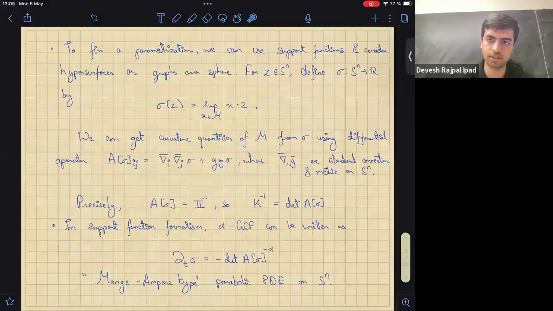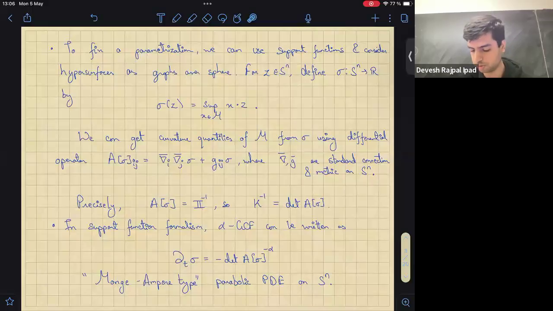Okay. A particular parametrization which has been helpful in these convex heat flows is the Gauss map parametrization. And alongside the Gauss map, you can also use support functions.